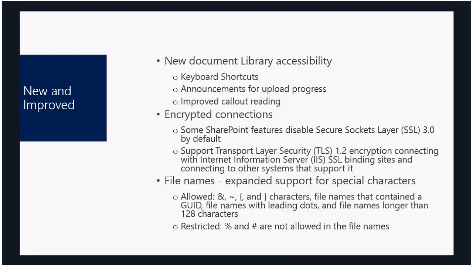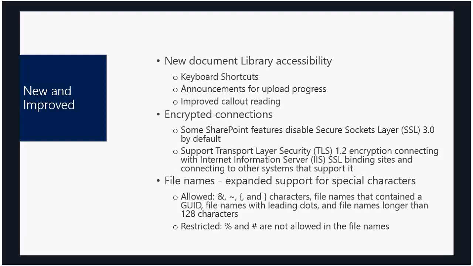We have a couple of new features in SharePoint 2016, and we also got some improvements to the features. I just list some of the features here. One is the new document library accessibility. This is now available in SharePoint 2016 document libraries.